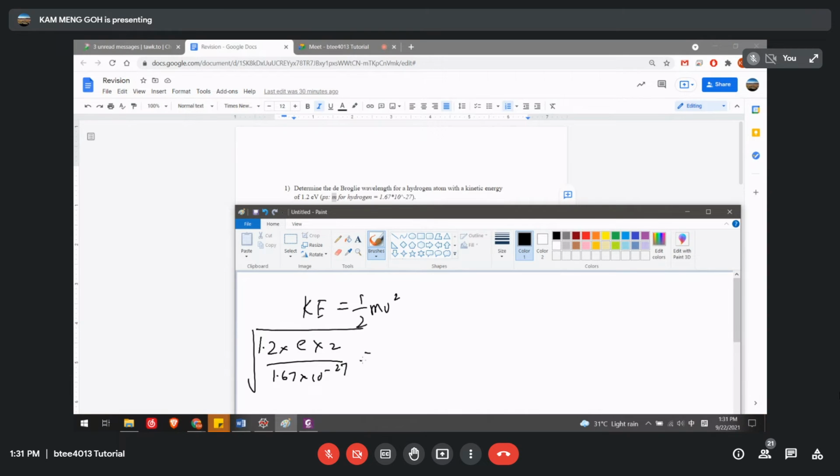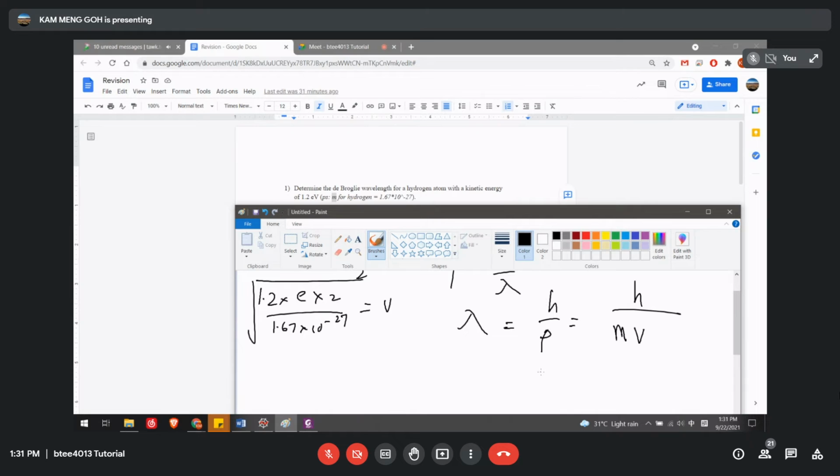You get v. To find the de Broglie wavelength, p equals h over lambda, so lambda equals h over p. Your h is a constant, and for your mv, m is given and v is calculated. So you use that to calculate lambda.